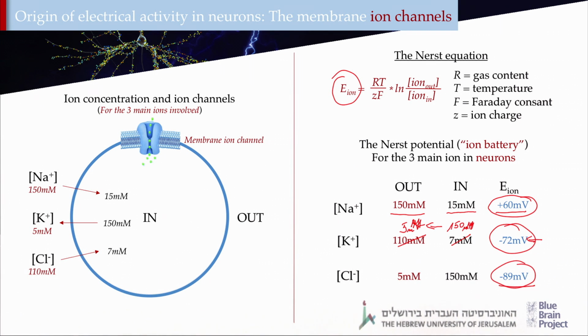But of course they are not on their own, because all three of them appear together in the neuron, outside and inside, as we can see on the left. So we actually have to find a way to describe the combined voltage, or the combined battery, of all three together.